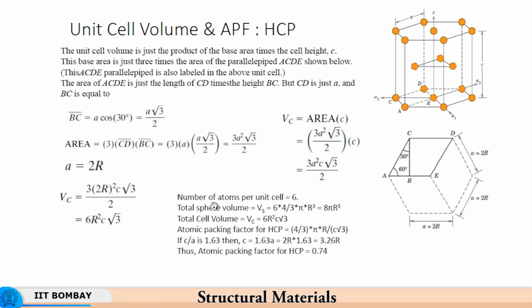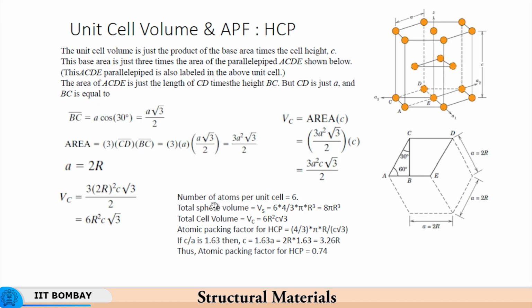Now we come to the atomic packing factor of the hexagonal close packed structure. You have the length BC as a cos 30, that is a into root 3 by 2, right. a is the length, which is essentially equal to 2r, and the HCP cell, or this hexagon, can be visualized as being made up of 3 parallelograms put together, something like this.